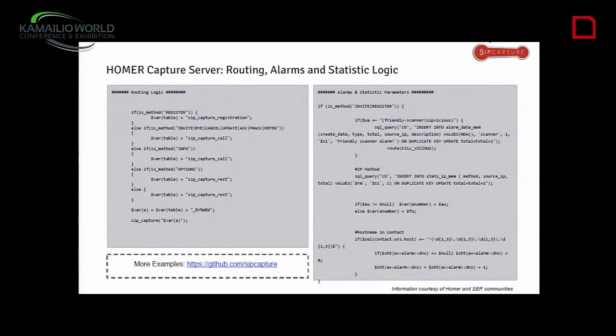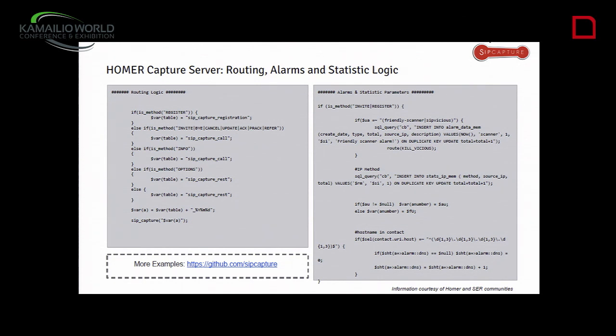Another big change we implemented is that now all traffic is split by method or, let's say, by transactions. So all messages which are related to a call will be stored in the table sip_capture_call, you see here.